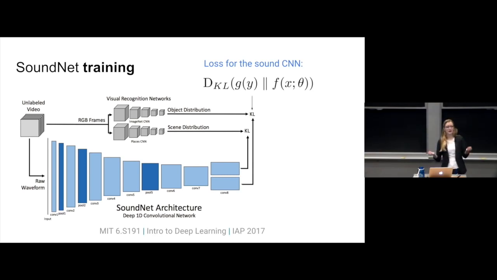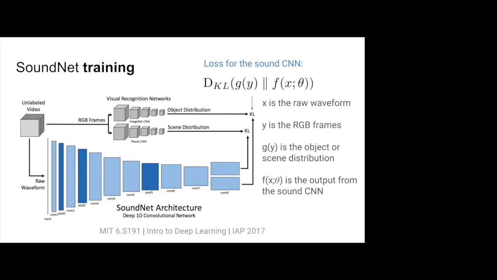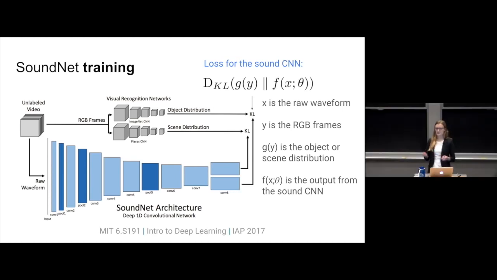And so we're going to use KL divergence for this, if you've seen that. So if you imagine X is the raw waveform, Y is the frames, G of Y would be the object or scene information as retrieved from these vision networks, and F of X and theta is the output from the sound CNN given the parameters that we're training on.